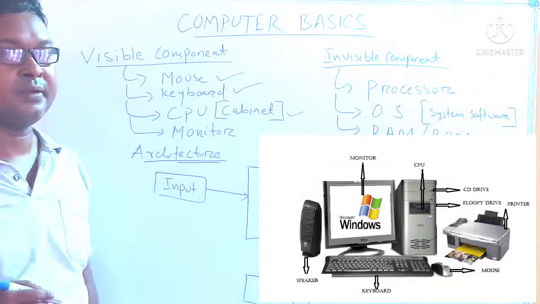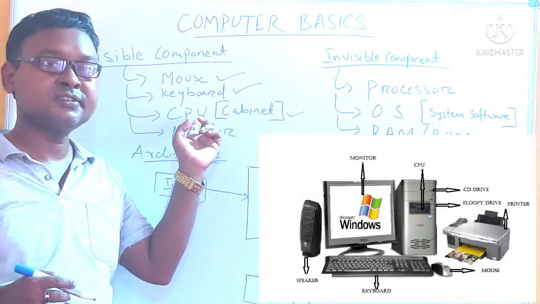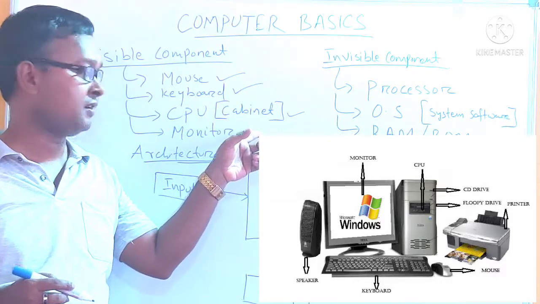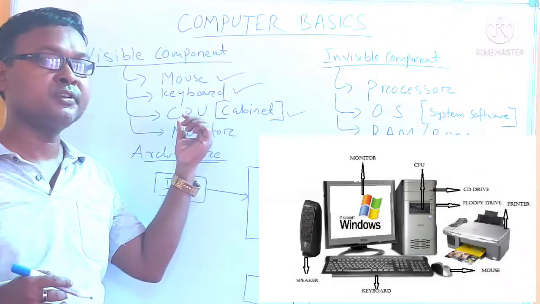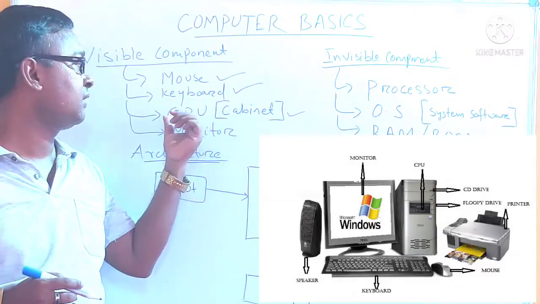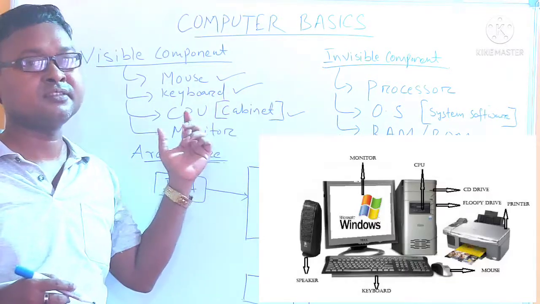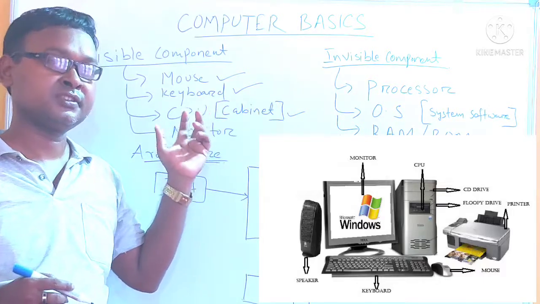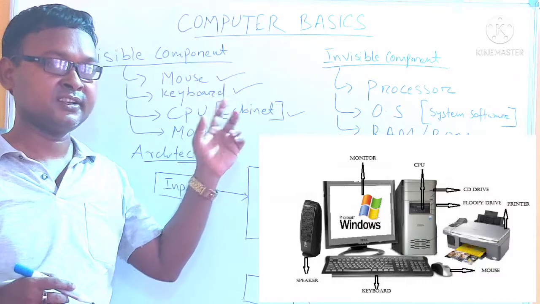The CPU cabinet. Actually the CPU is not visible to you, it is inside the cabinet with other important components. As the CPU is the important component, we can call the overall cabinet the CPU also, because inside that cabinet your processor is there. That means the central processing unit is available inside that cabinet.